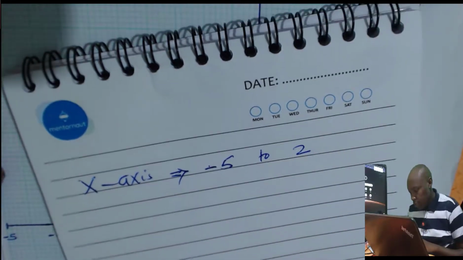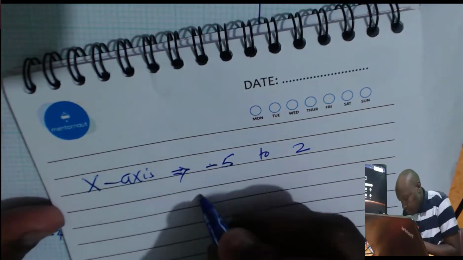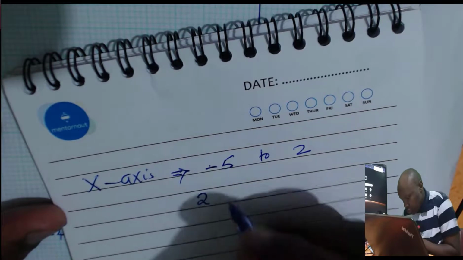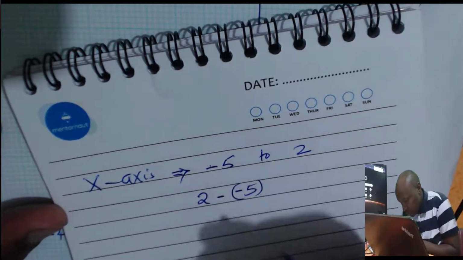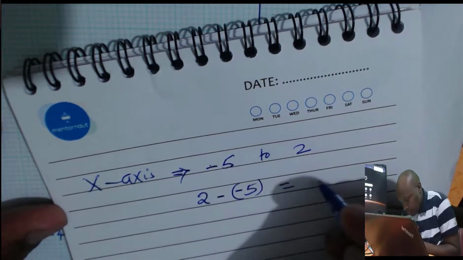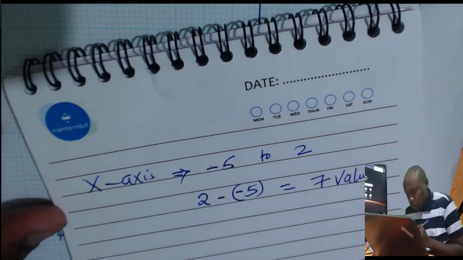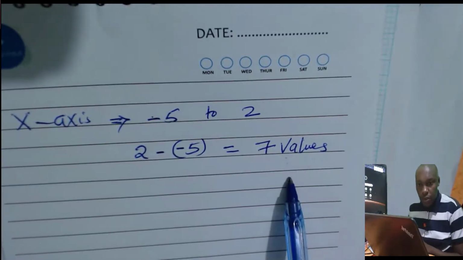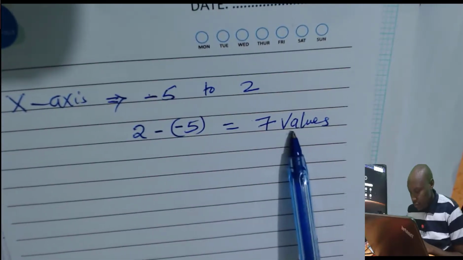Here you take the largest, which is 2, and subtract the lowest, which is -5. So you want a scale that is going to accommodate 7 values.